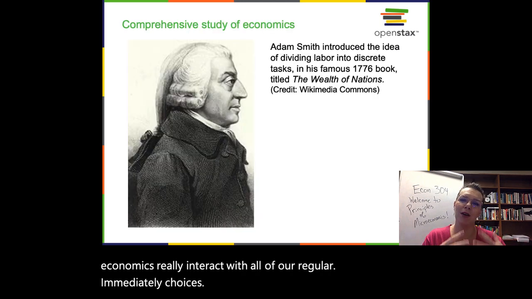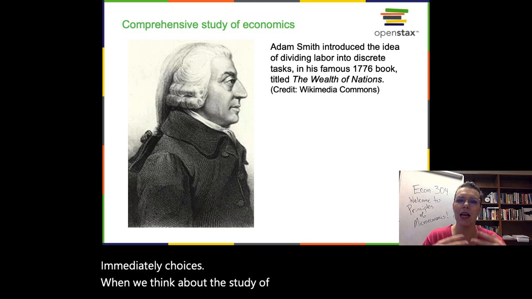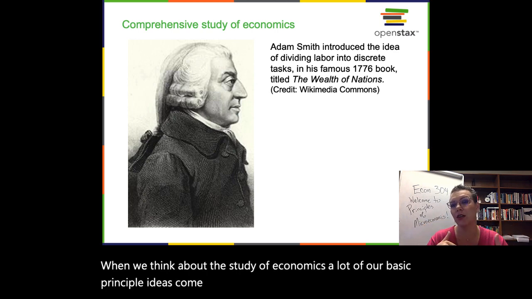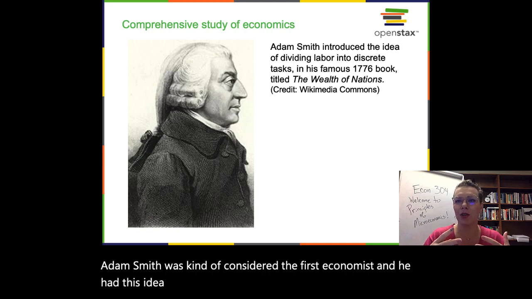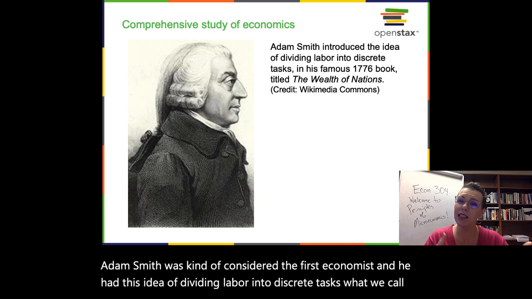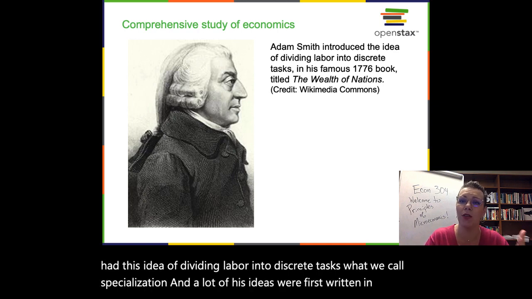When we think about the study of economics, a lot of our basic principal ideas come from a philosopher named Adam Smith. And Adam Smith was kind of considered the first economist. And he had this idea of dividing labor into discrete tasks, what we call specialization. And a lot of his ideas were first written in his famous book, The Wealth of Nations.